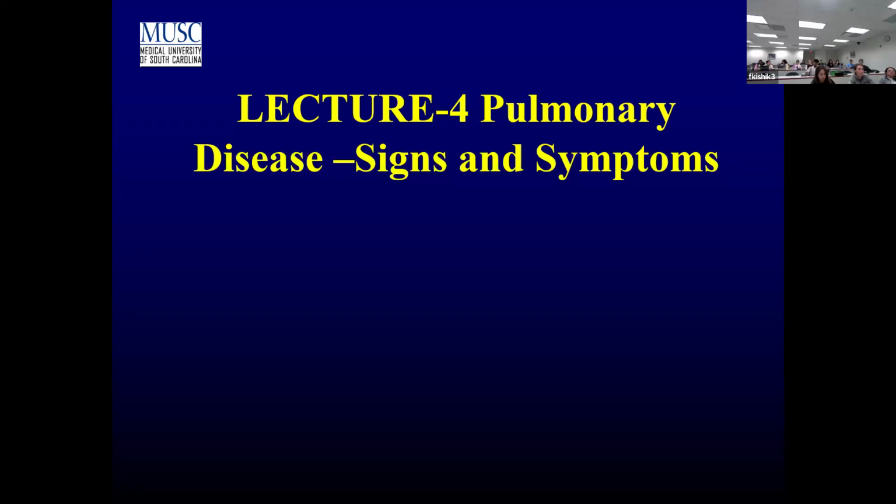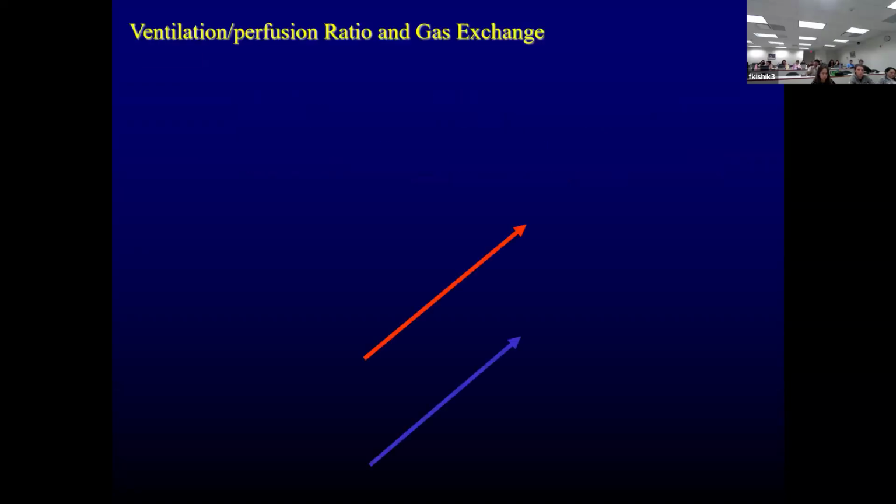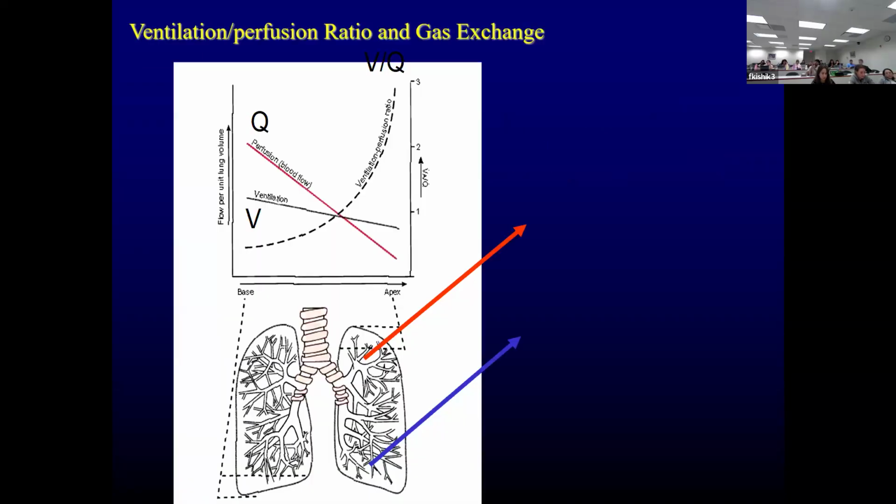Okay, let's keep moving. We looked at the spirometry and how it is helpful in distinguishing between restrictive and obstructive lung disorders. There are a few other signs and symptoms that we must look at in our patients. Before I go any further, what we're talking about is the relationship between the ventilation, air comes in and air goes out, and the perfusion, which is the blood flow through the lungs.